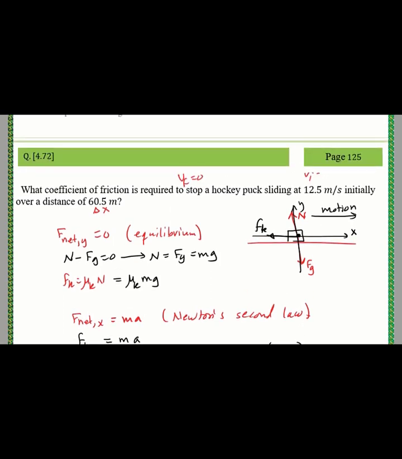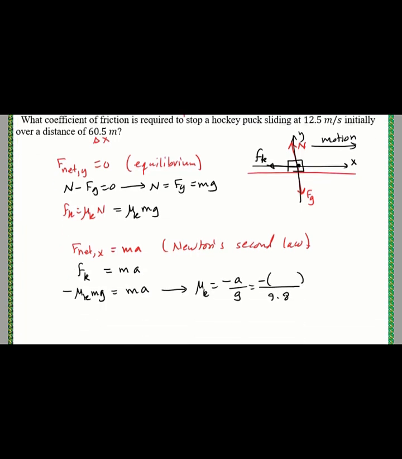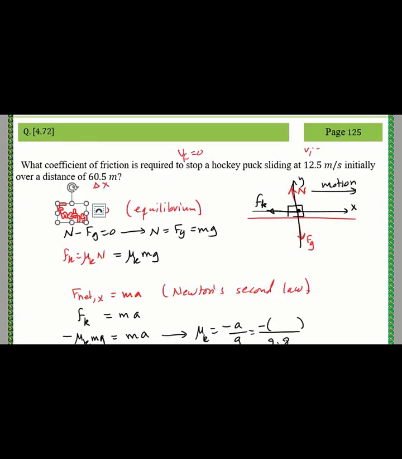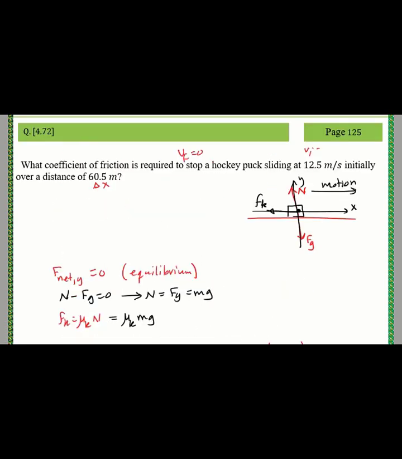To find the acceleration, use the information in the question: V final, V initial, and delta x. For the acceleration, V final squared equals V initial squared plus 2a delta x.